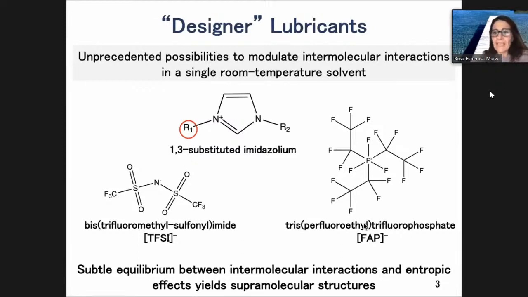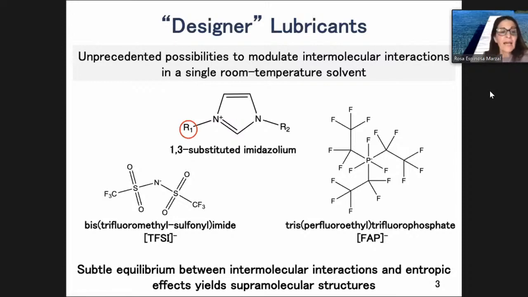Chemists can synthesize many different of these ions, and that means that ionic liquids open up an unprecedented number of possibilities to modulate the intermolecular interactions in a single room temperature solvent.